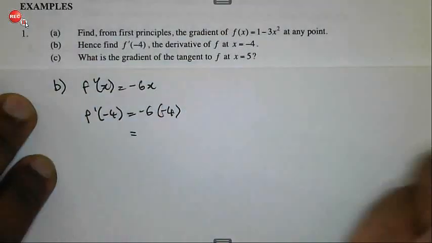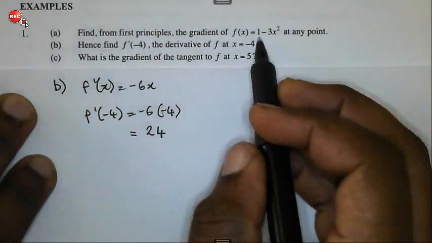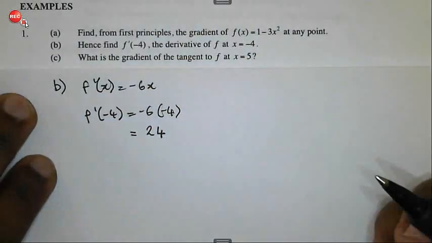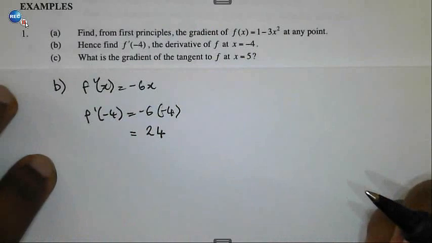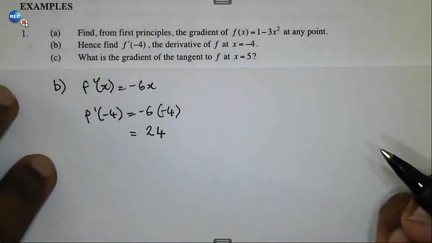And this becomes 24. So the gradient of this curve, 1 minus 3x squared, at x equal to -4, is 24. So basically that's the gradient. If you draw a tangent at that point, that will be your gradient.